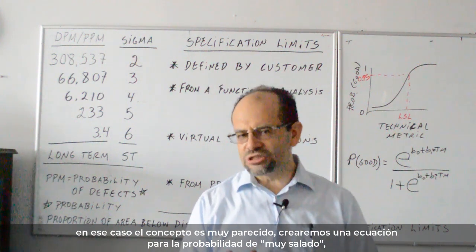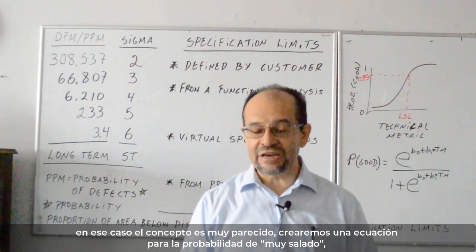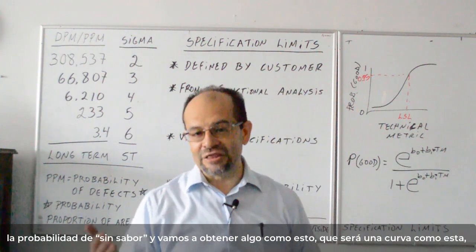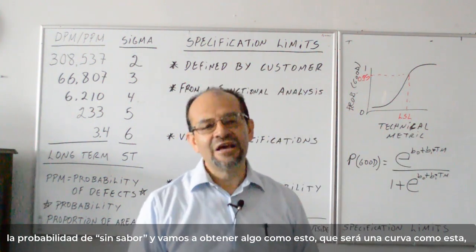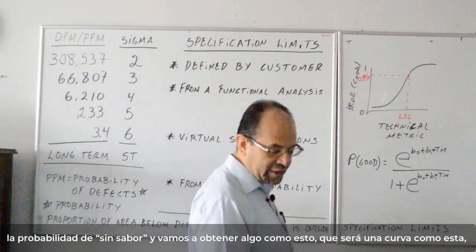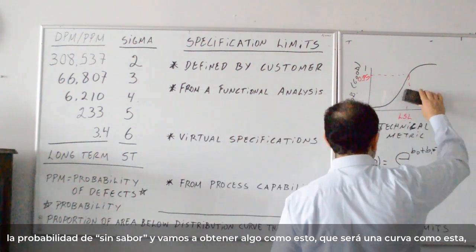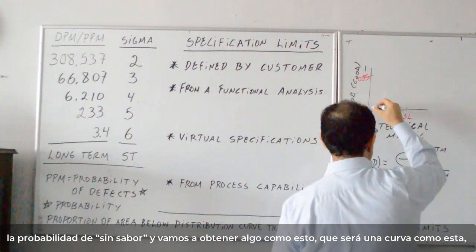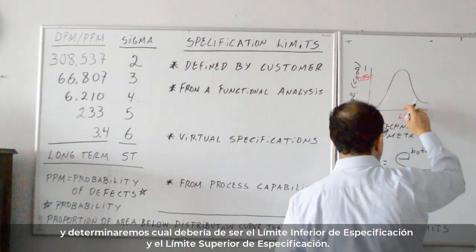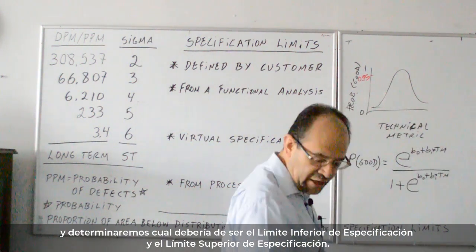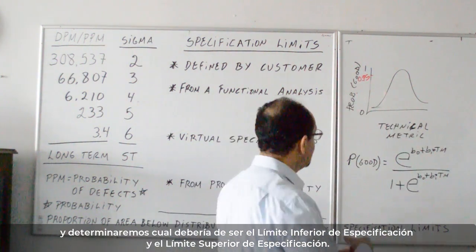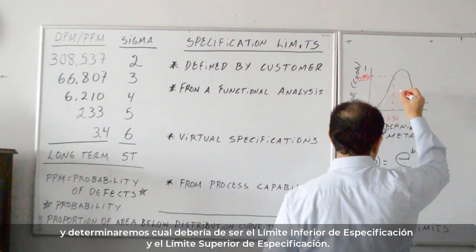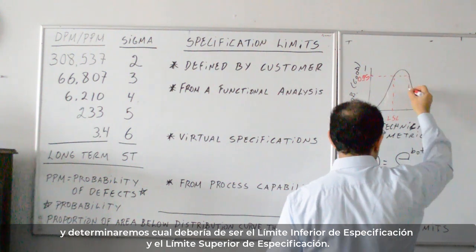In that case, the concept is very similar. We are going to create an equation for the probability of very salty and the probability of no salt or tasteless, and with that we are going to get maybe something like this, a curve, perhaps like this one for this other example, and here you will determine what should be the lower specification limit and what should be the upper specification limit.